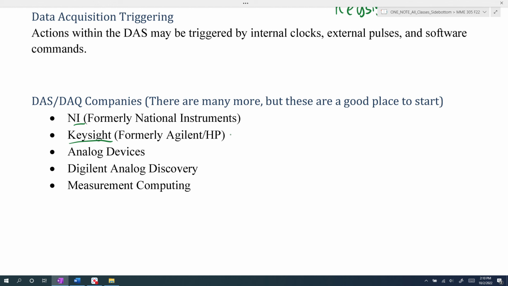They might use different ones, and that's okay. The major principles between all the different boards are the same. You just have to read up about the specifications of each. These companies sell different devices, and depending on the application, some might be better than others for your application. But it helps to be aware of where to look before you buy a data acquisition system.